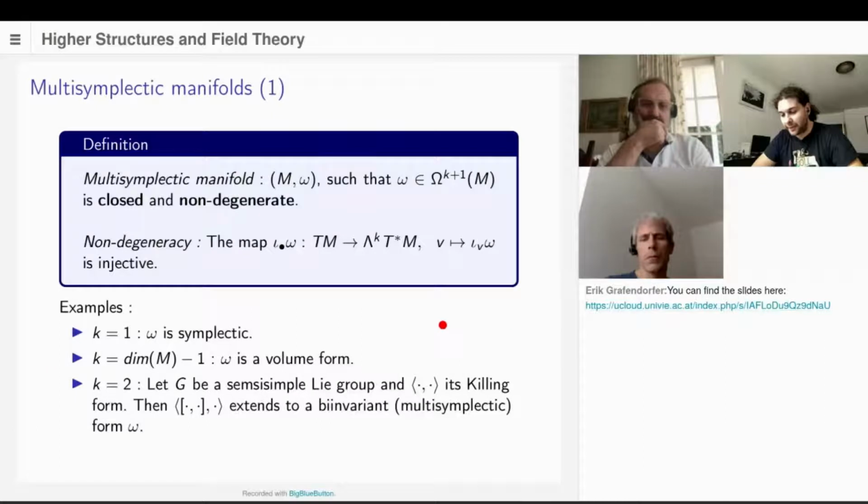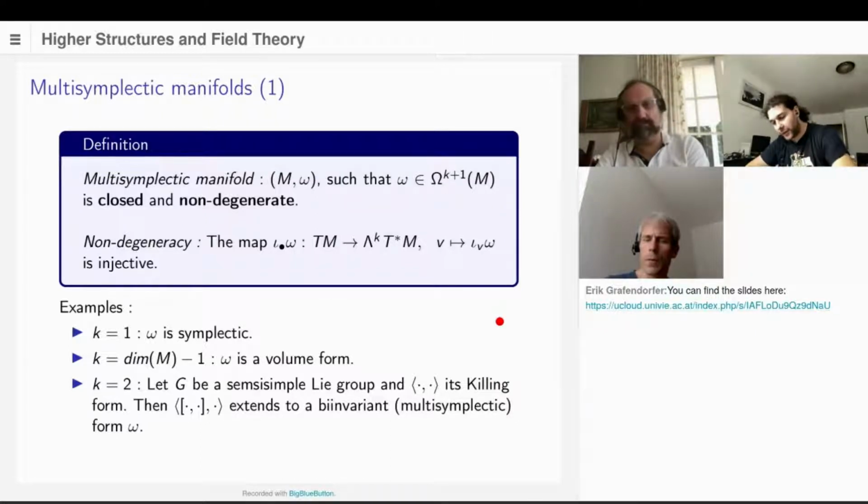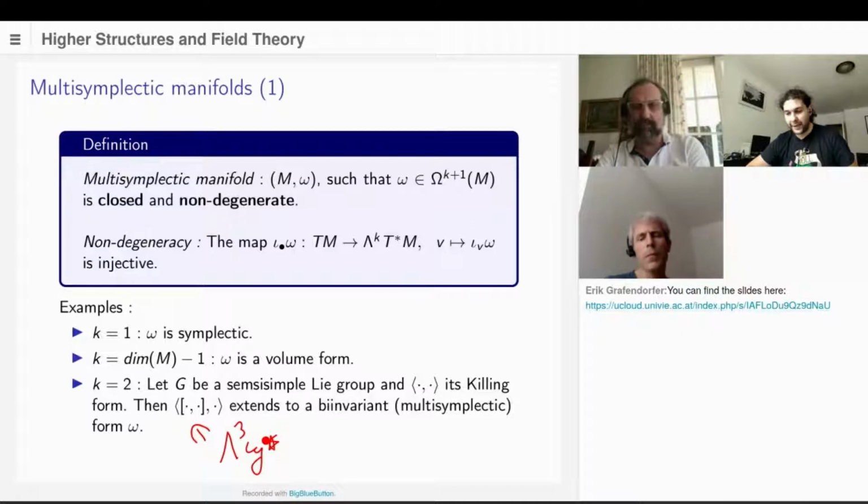A second example would be a semi-simple Lie group equipped with its Cartan three-cocycle. So on the Lie algebra, we have a three-form defined by the Killing form and the Lie bracket. This element can actually be extended, let's say, left invariantly, and the left invariant extension turns out to be right invariant as well. So we have a bi-invariant form on the Lie group.